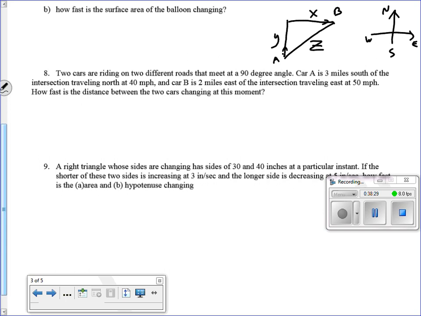Let's figure out what derivatives they gave us. So first of all, we have car A. It's south and it's traveling north. So that means that y is decreasing, right? So dy/dt, the rate at which that length y is changing, is negative 40 miles per hour.